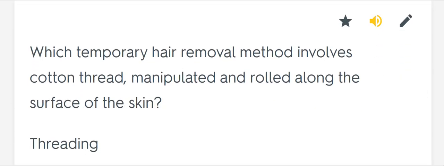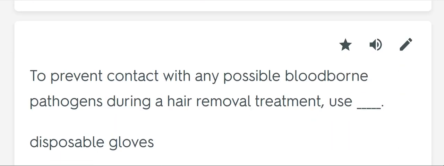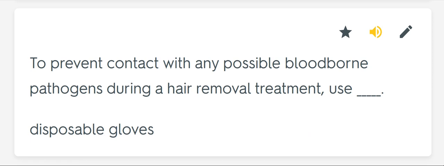Which temporary hair removal method involves cotton thread manipulated and rolled along the surface of the skin? Threading. Which temporary hair removal method involves the use of a thick sugar-based paste and is especially appropriate for more sensitive skin types? Sugaring. To prevent contact with any possible blood-borne pathogens during a hair removal treatment, use disposable gloves.